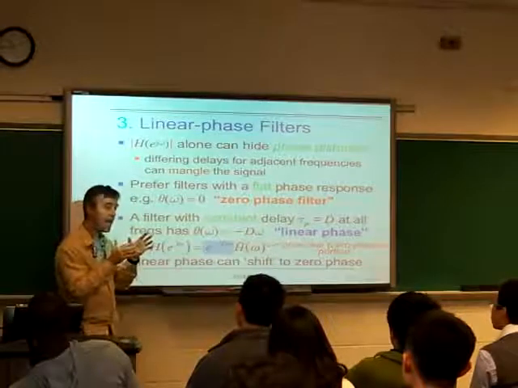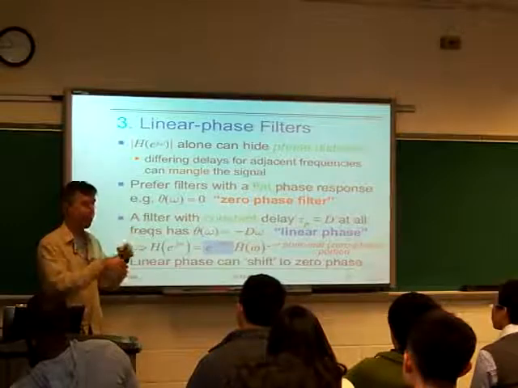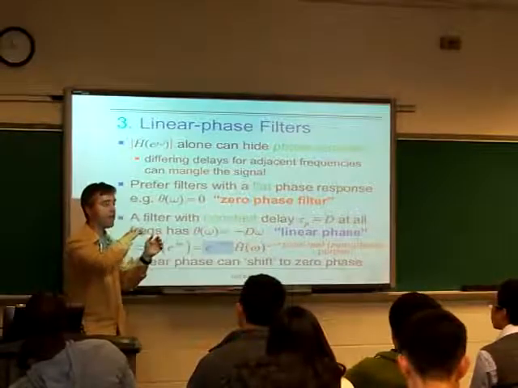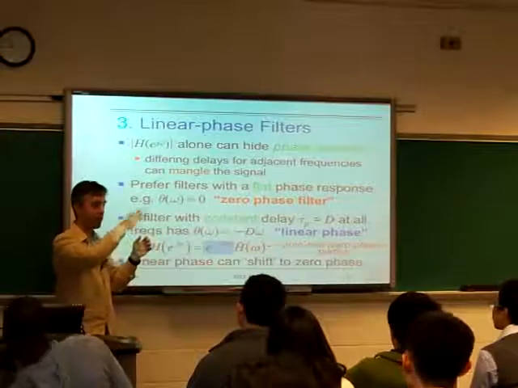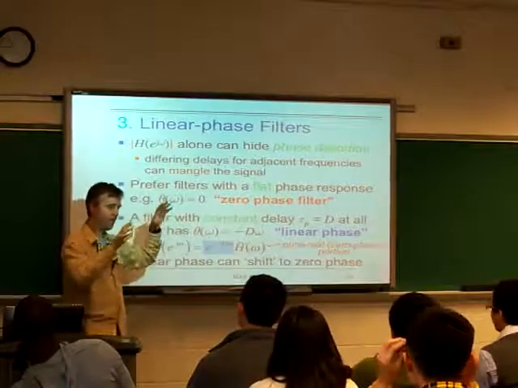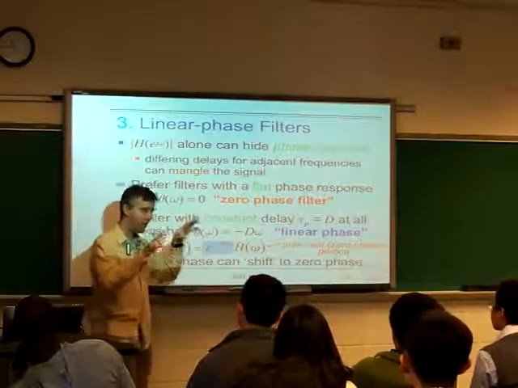As long as the slope is linear, then the delay is constant, and the signal is basically undistorted. It's only when you get curves in the phase response, so now you can't fit it by a single delay, that the signal becomes distorted because different frequency components of the signal are being delayed by different amounts.